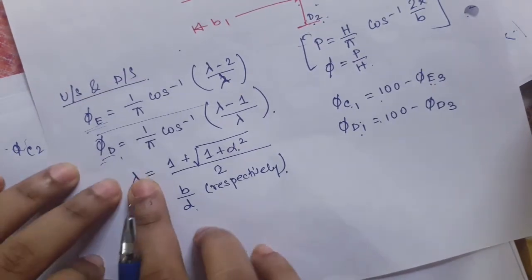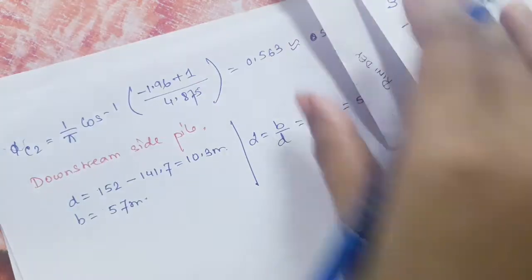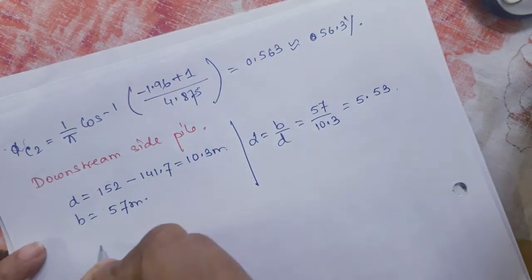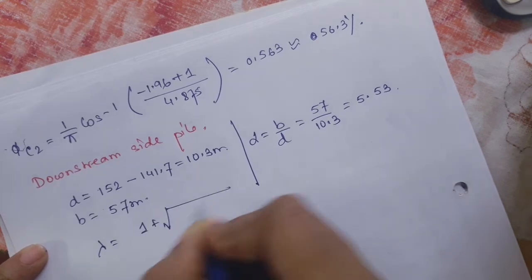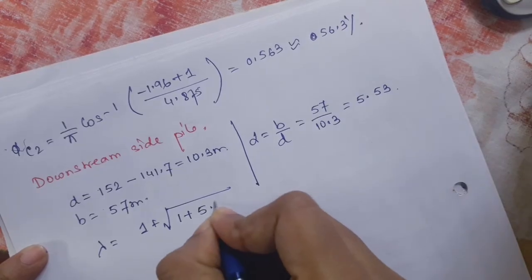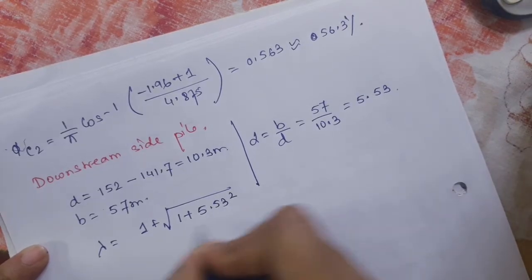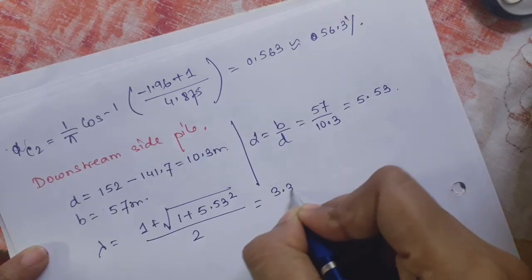Now we will get the value of lambda by putting the value of alpha here. Lambda is 1 plus root over 1 plus alpha whole square, so 5.53 whole square, divided by 2, which will give me 3.31.